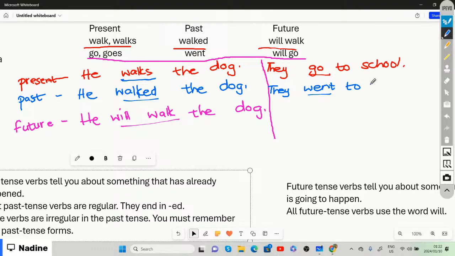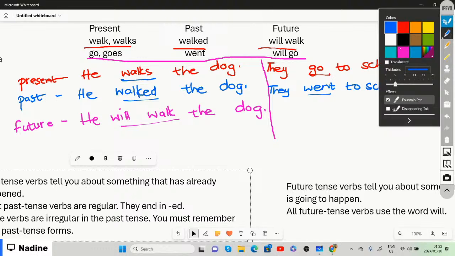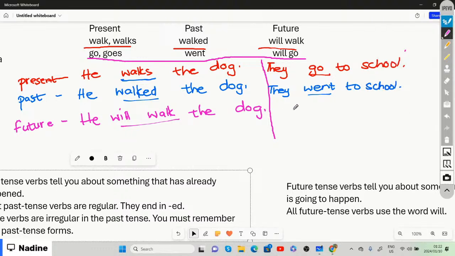I wrote school wrong. And now in the future tense, we can say they, remember we said will go, so they will go to school. So that basically shows the present tense, the past tense, as well as the future tense.